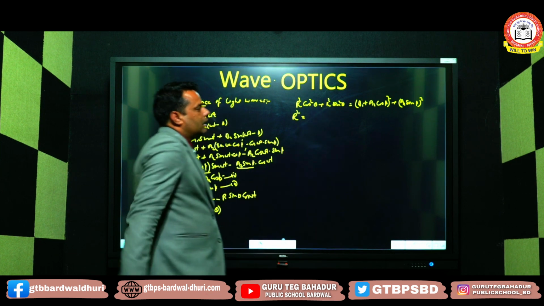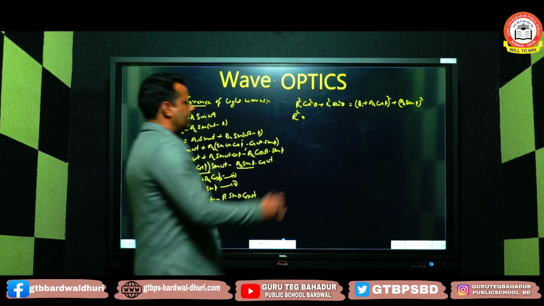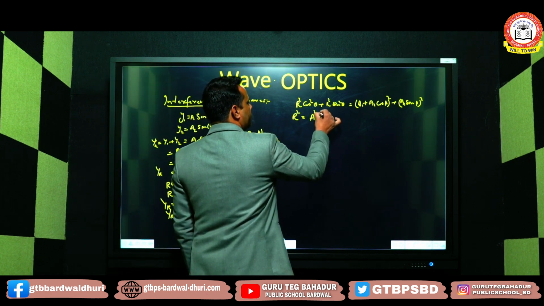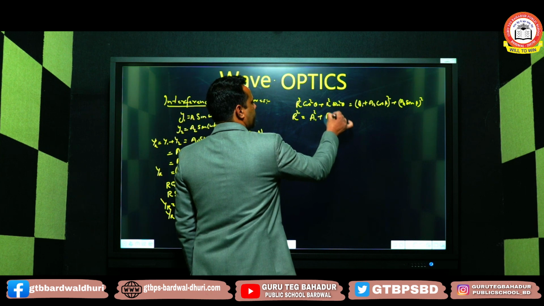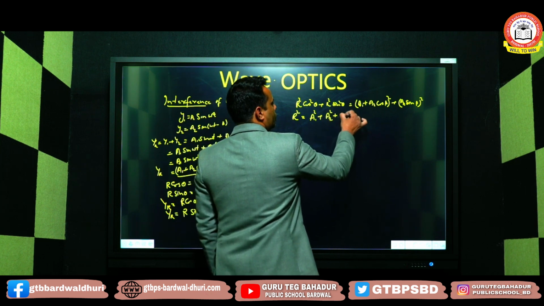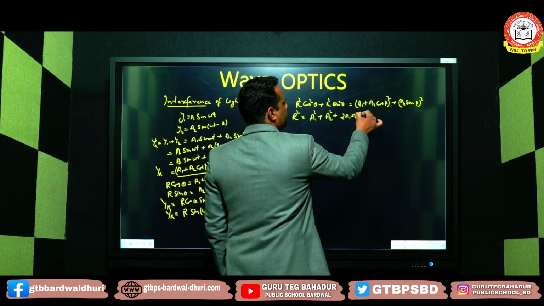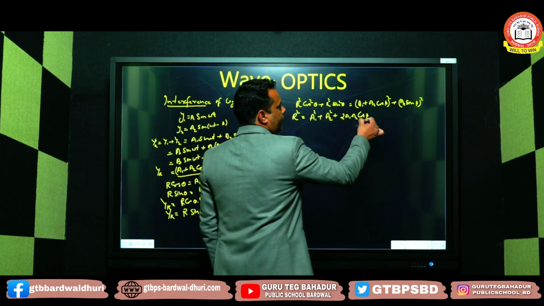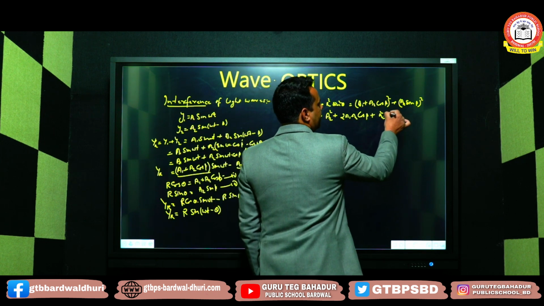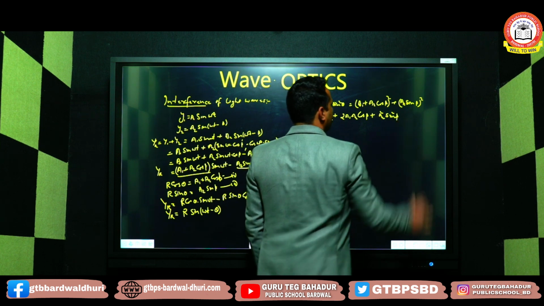Now in the right hand side, you need to open up these identities, and you will get a1 square plus a2 square cos square phi plus 2a1 a2 cos phi plus a2 square sin square phi.